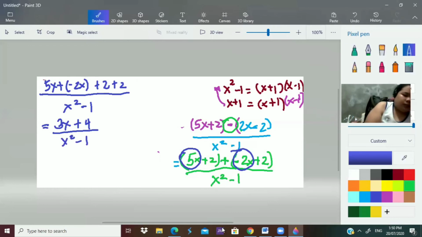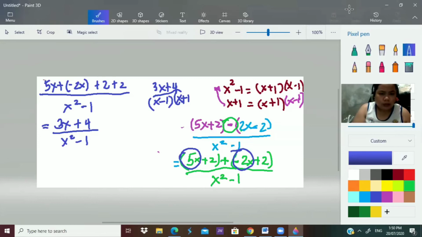Okay, so as you can see, pag na-recall natin yung ating factoring, pag finactor mo tong x squared minus 1, wala namang ma-divide. Okay? So for example, factor natin 3x plus 4 over x minus 1 by x plus 1.